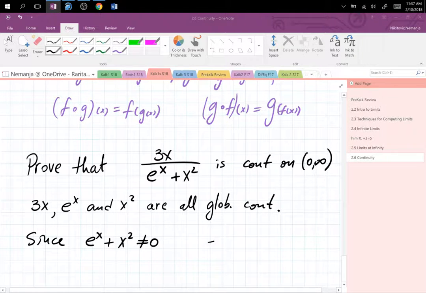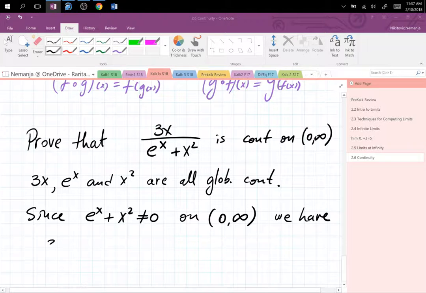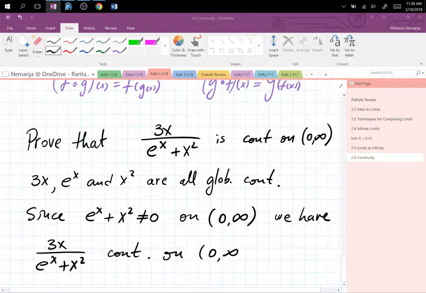Even if you plug in 0, you get e to the 0 plus 0, which is 1. And you are only on the right, so you can just say, since e to the x is positive on 0 to infinity, we have 3x over e to the x plus x squared to be continuous on 0 to infinity.